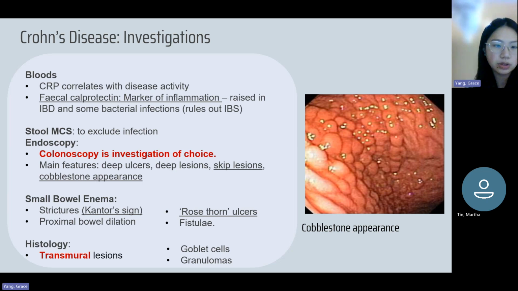And I'll show you the pictures of what it would look like on the next slide. And on histology, they'll have what we call transmural lesions, which is when the entire wall from inside to the outside is affected. So that's why you would get things like fistulas, because it might connect to the organ that's next to it. You'll also see goblet cells and granulomas.